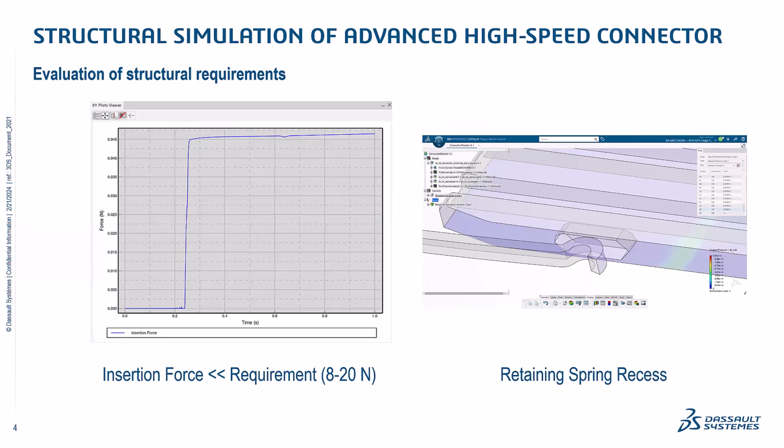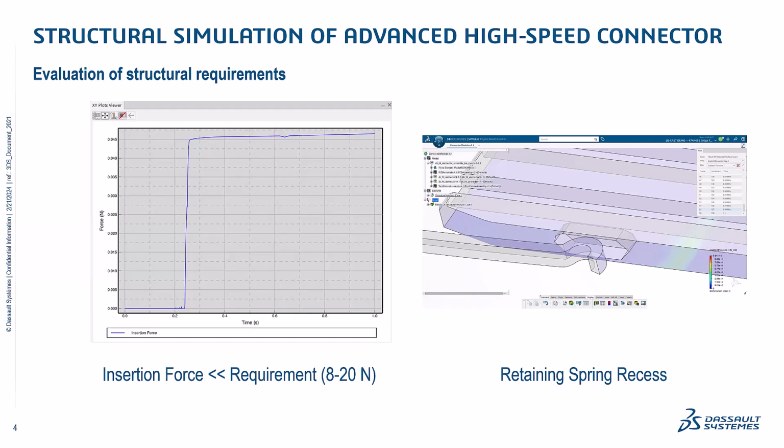So we then perform an evaluation of both the defined and functional requirements for all of the simulations. The insertion force is in fact still well under the required minimum of 8 newtons. You can see on the left here. And we ran into a series of issues, which is part of the process here.